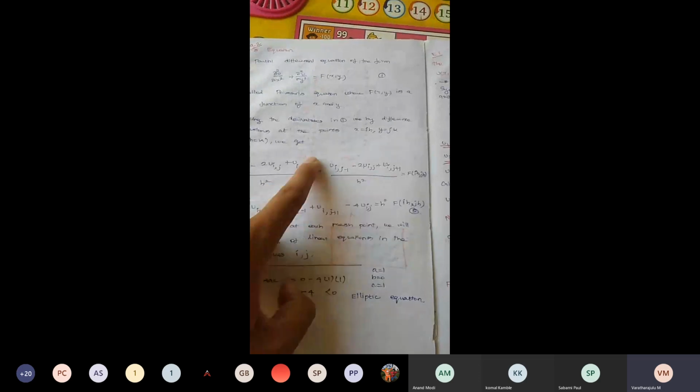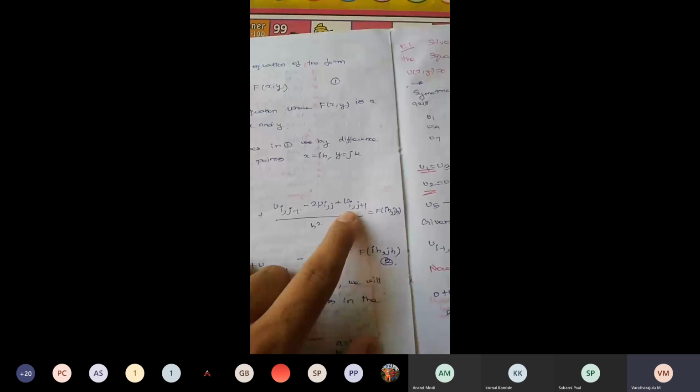We can find the solution with the aid of the formula which we have already seen. This is the formula we are going to take for finding the results: u(i-1, j) minus 2u(i, j) plus u(i+1, j) divided by h square, which is the term related to the x-axis, and similarly for the y-axis, u(i, j-1) minus 2u(i, j) plus u(i, j+1) divided by h square.